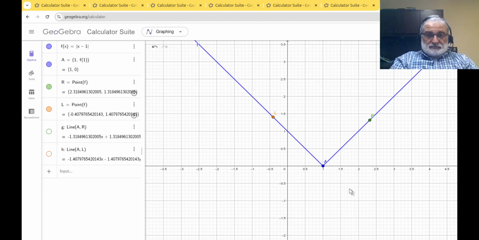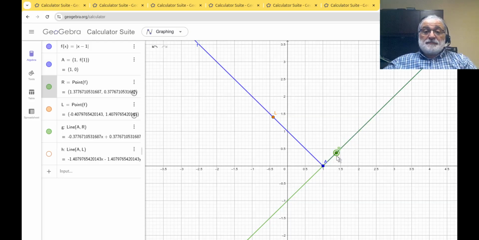But now we have this point R on the right. If we connect R with A, what do we get? We get this line, and it doesn't matter what you do with R because the function is linear to the right of A. Doesn't matter how close you bring it, you always get this green line. So the tangent coming from the right side is always this green line.